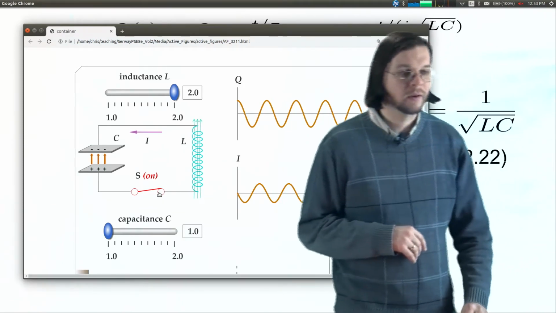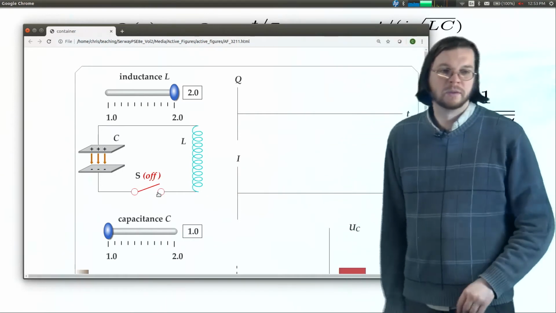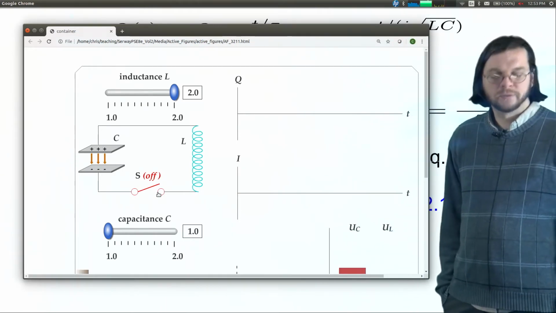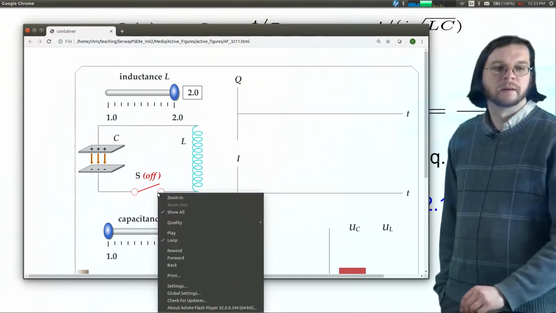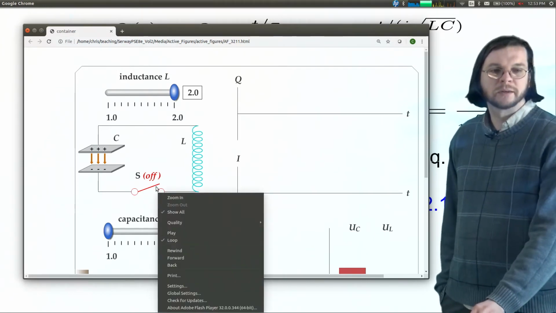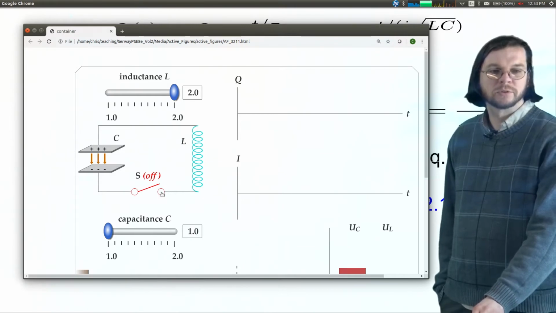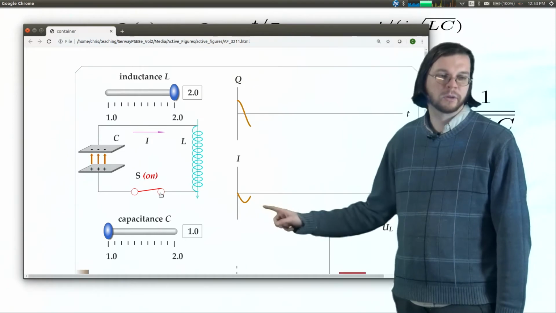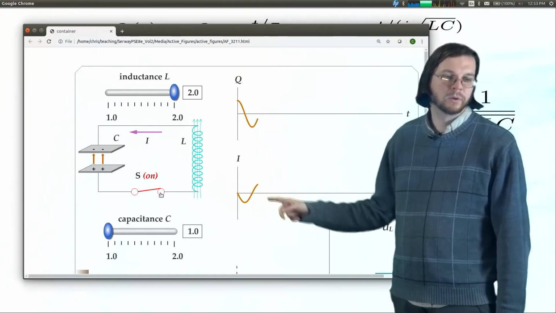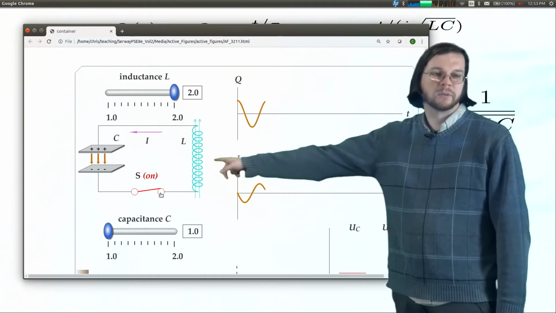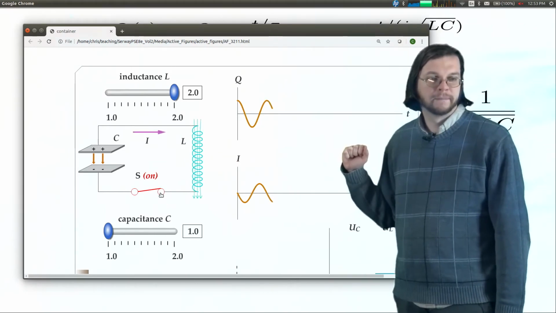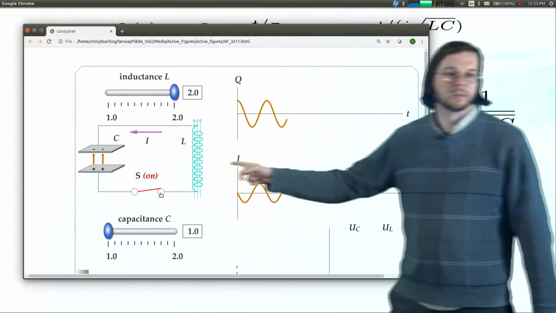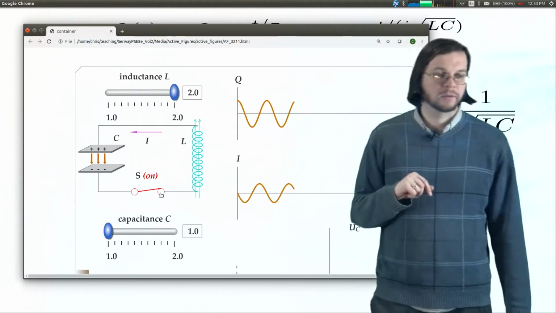One other thing to point out, if you're looking carefully, is that the magnetic field in the inductor shows you the magnetic field lines, and those are the largest where the current is the most, and where the current is zero, the magnetic field lines disappear. So it's doing a nice job of illustrating that, and also of illustrating what's going on with the capacitor.